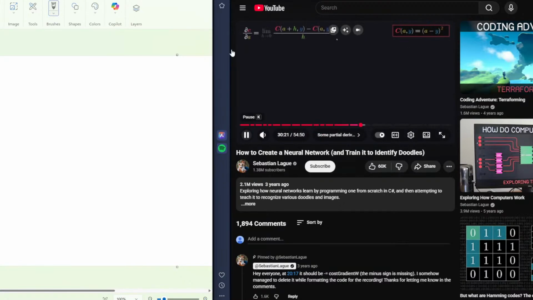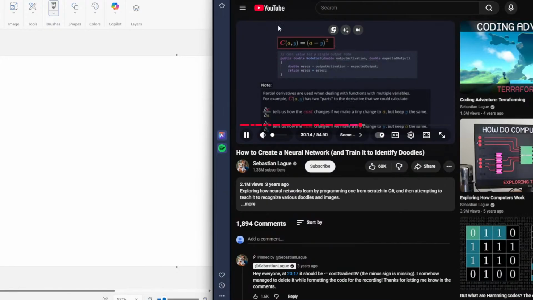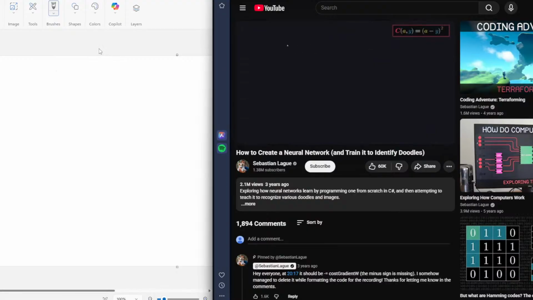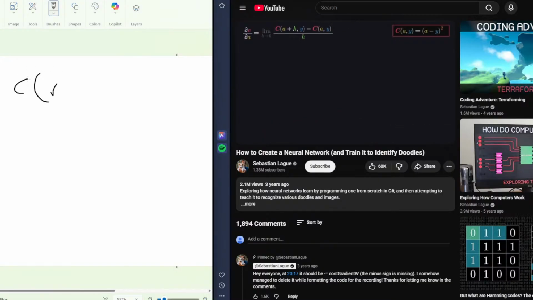So over here, we're looking at how the cost changes in response to a tiny change to this output activation value. So he's treating a, y as x. So this is really this.